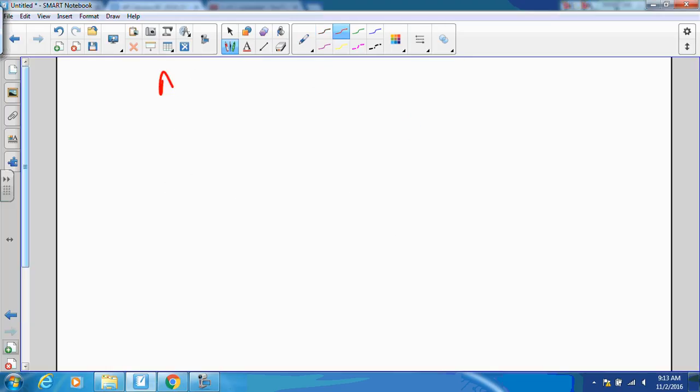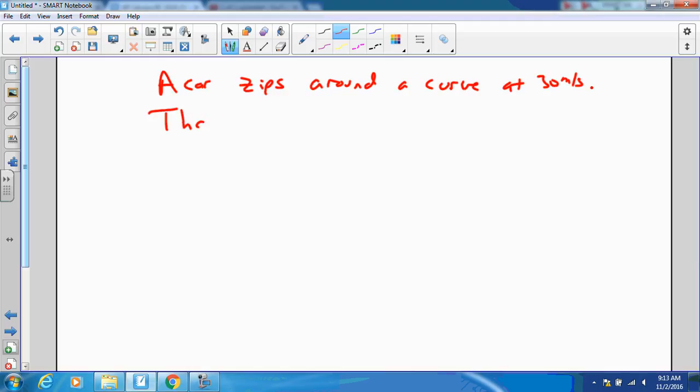One last problem, and then we'll call it a day. A car zips around a curve at 30 meters per second, maybe about 65 miles an hour, radius 200 meters.